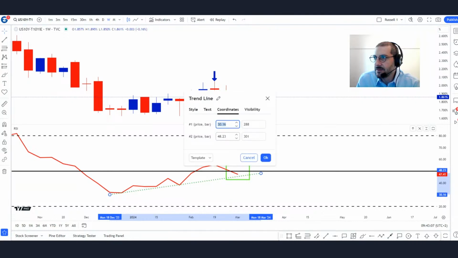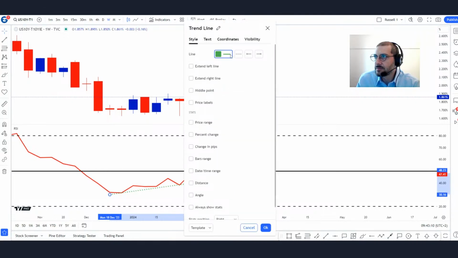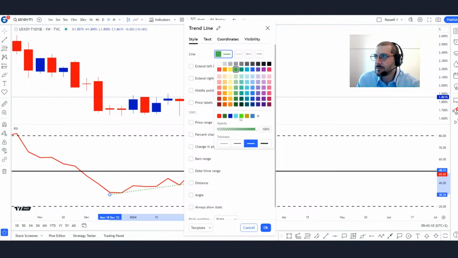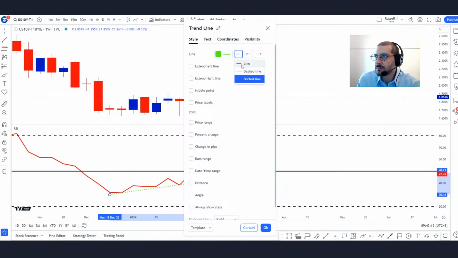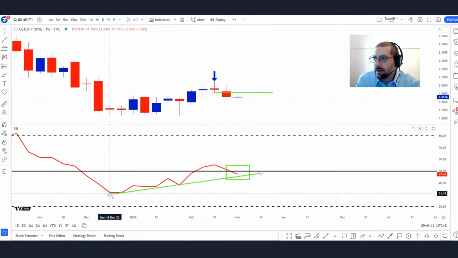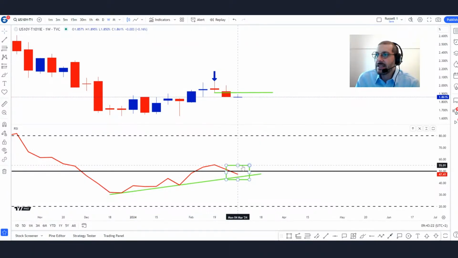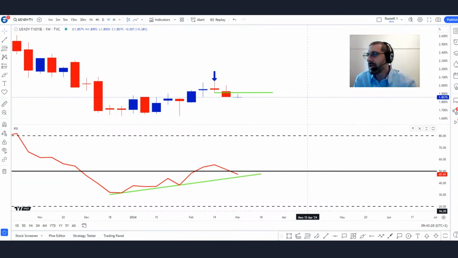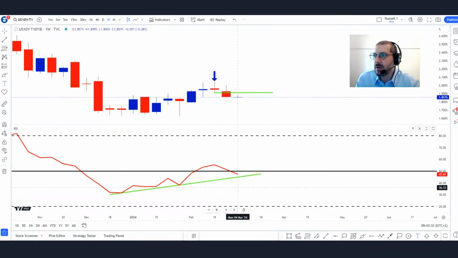Okay, I'm just going to fix this up. All right. Yeah, there we go. So I think that we've got the movement below 50. And now what we can do is watch for a break below this trend line.